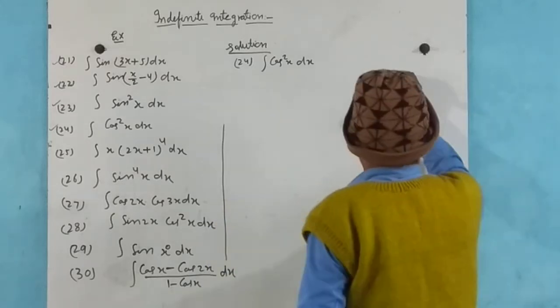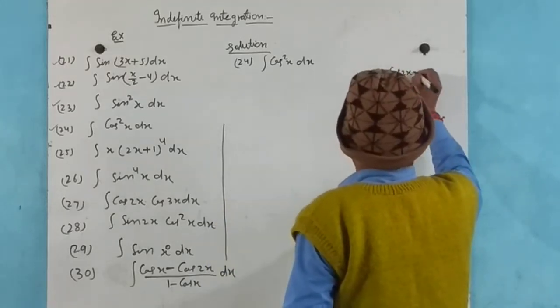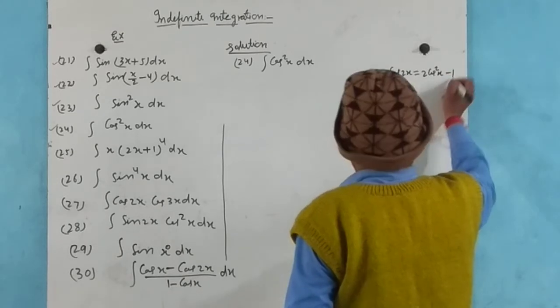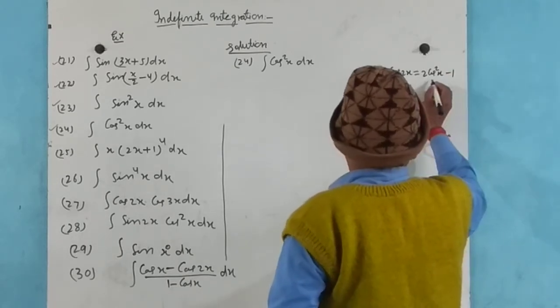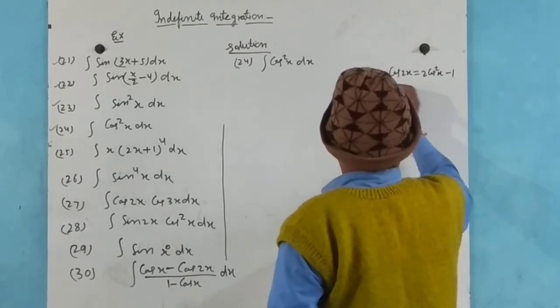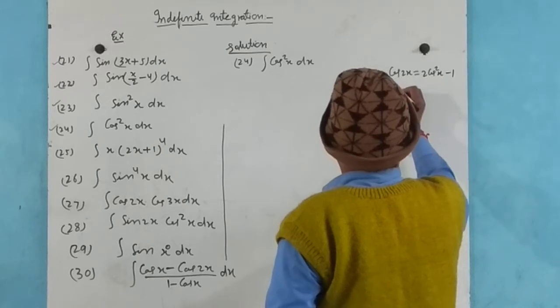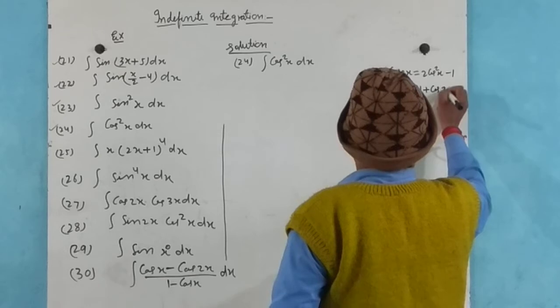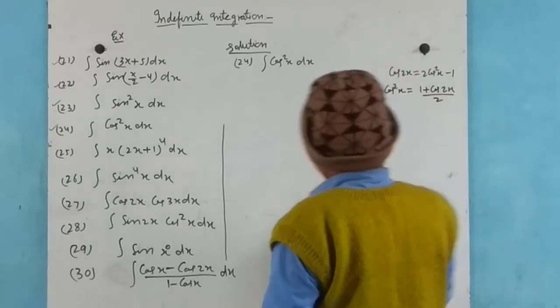As we know, cos 2x equals 2 cos square x minus 1, so cos square x equals (1 plus cos 2x) divided by 2.